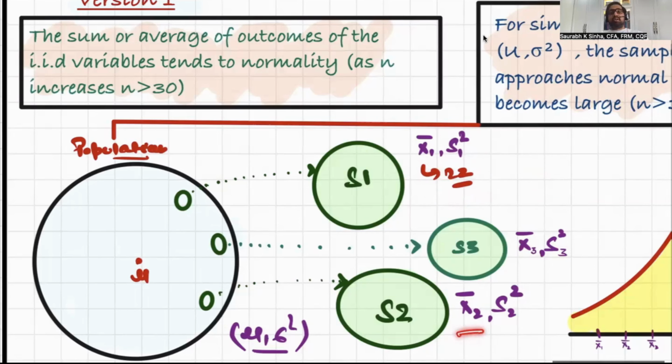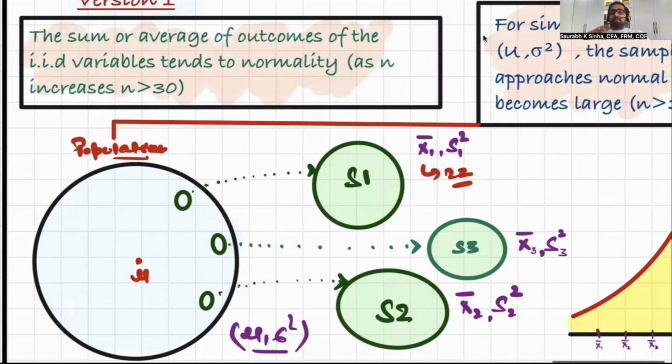Similarly for x2 bar, right? Now what you have to do? You have to plot the frequency of x1 bar, x2 bar, x3 bar. I'm repeating, you're plotting the frequency of sample mean, or you're plotting the probability of sample mean.